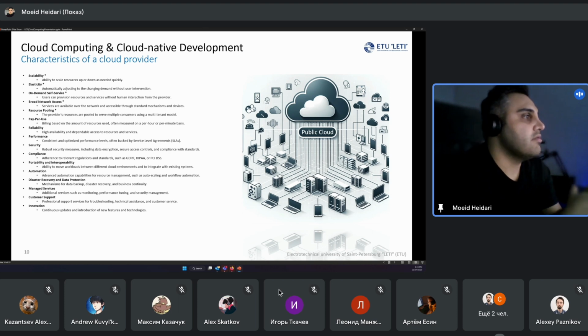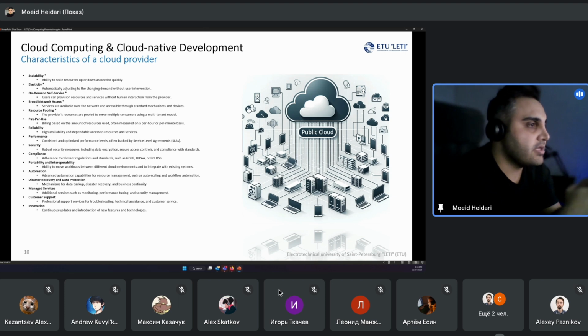Managed services like monitoring services, performance tuning, security management, integrated and central logging system, secret management, and all of those things will be a kind of managed services being provided by cloud computing.